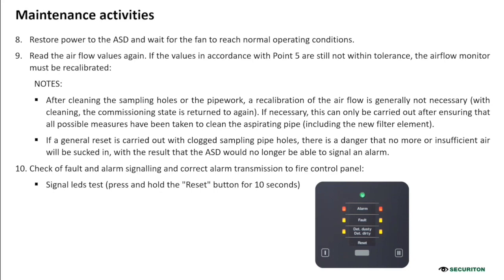You just need to use the relay tests. Then you need to do the signal LED tests. To do that, you need to press and hold the reset button for at least 10 seconds. So you check that all the LEDs work. This is important.